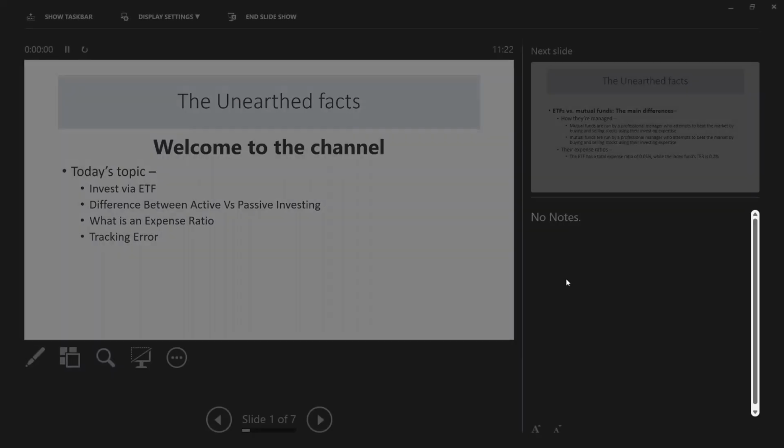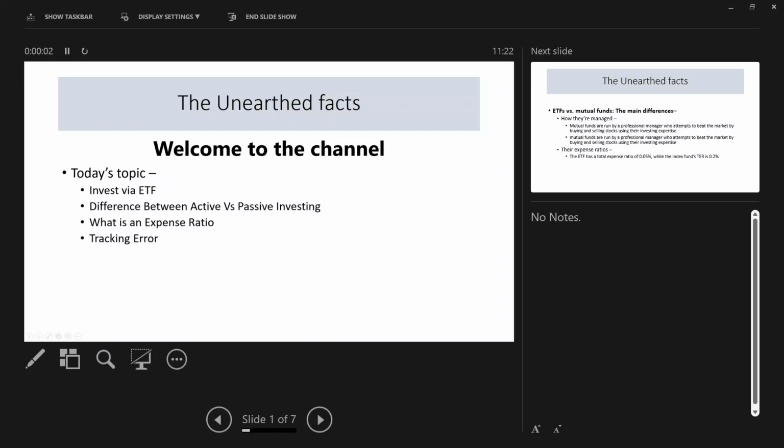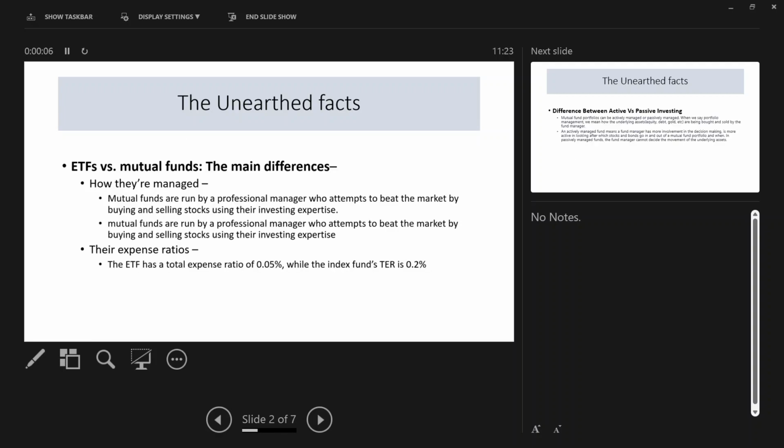One second. So you can see that, right? First we'll understand how ETFs are different from mutual funds. Mutual funds exist in almost all the major countries, whether UK or USA. In India, we have HDFC AMC, ICICI Pru AMC, Aditya Birla AMC, SBI AMC.